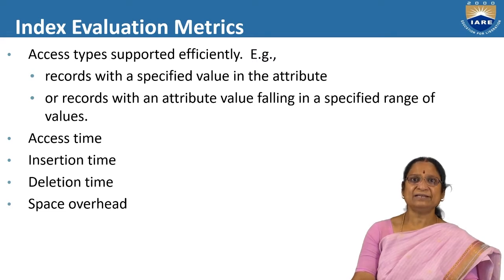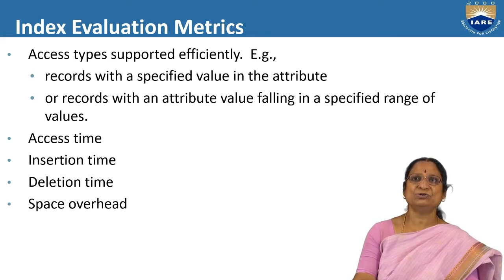Which type of indexing is more suitable to store our database is based upon some parameters or metrics. Access types supported efficiently: records with a specific value in an attribute, or records with an attribute value falling in a specified range of values.